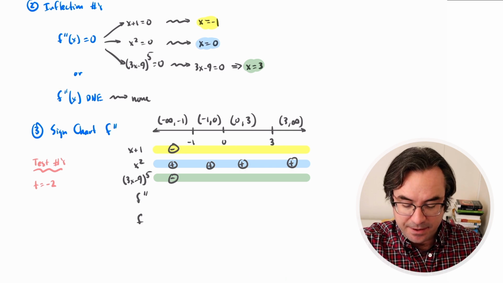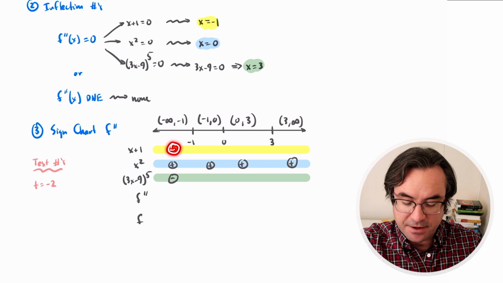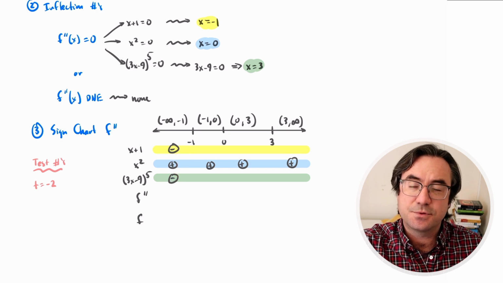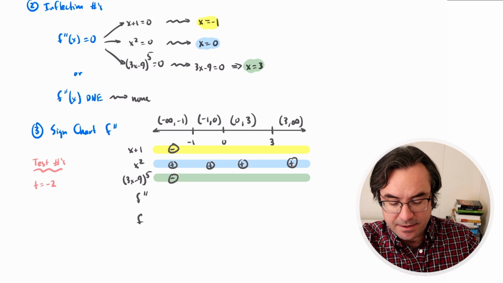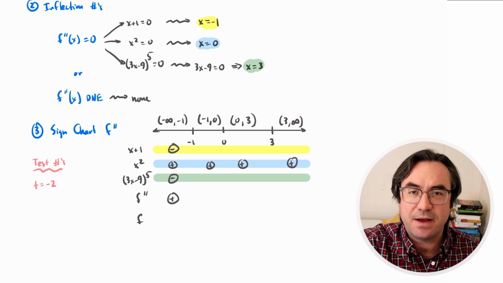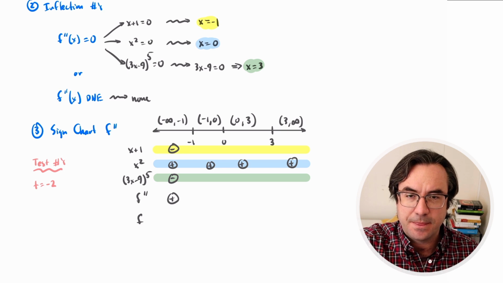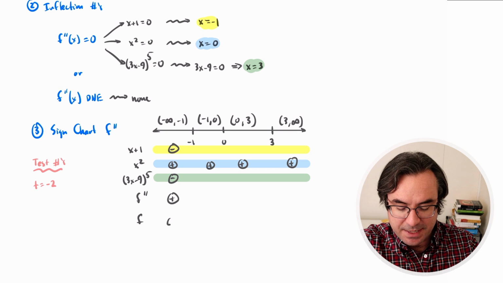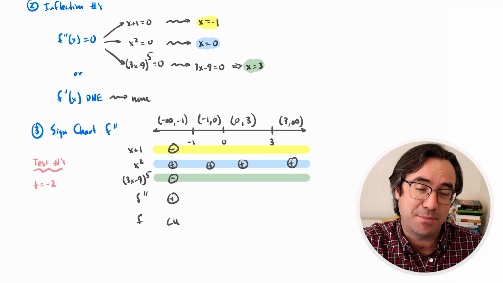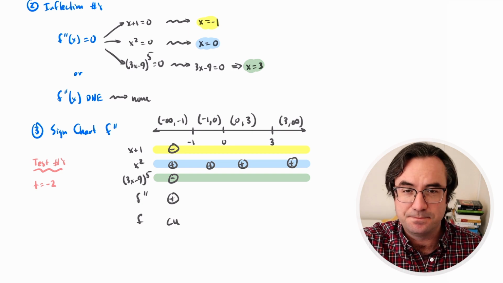So what we have is a negative number times a positive number times another negative number. So we have a double negative, and those cancel out. That tells us that f double prime must be positive on this first interval. And when f double prime is positive, that tells us the original function f is concave up.